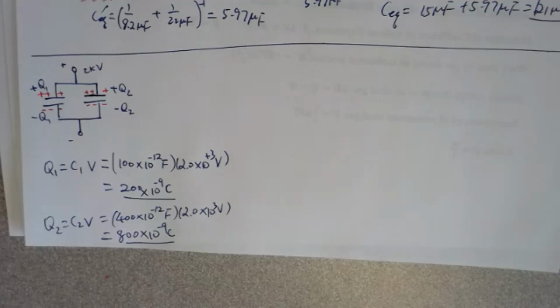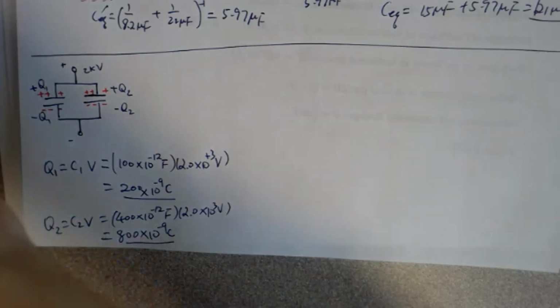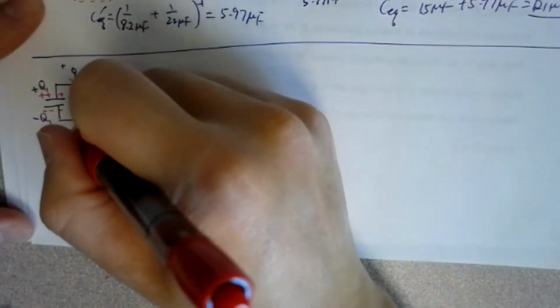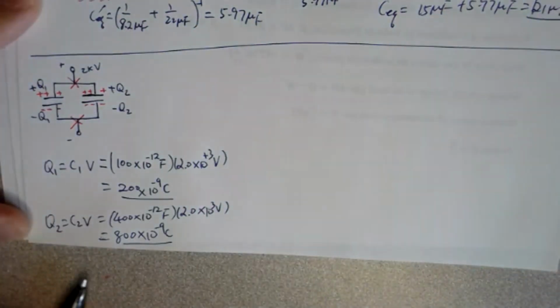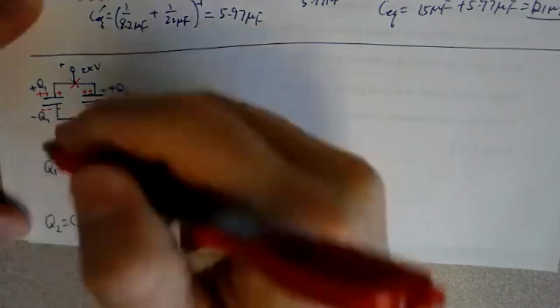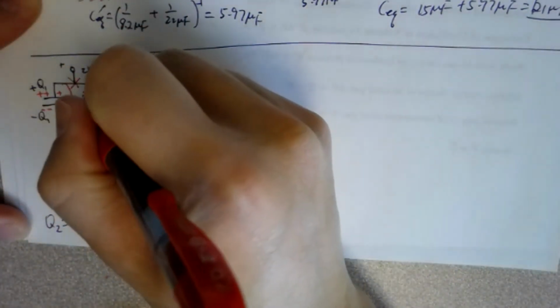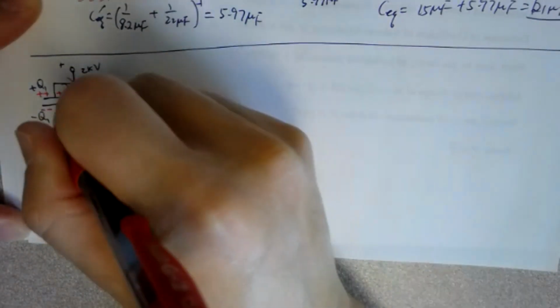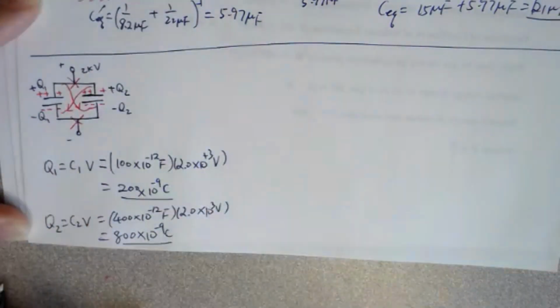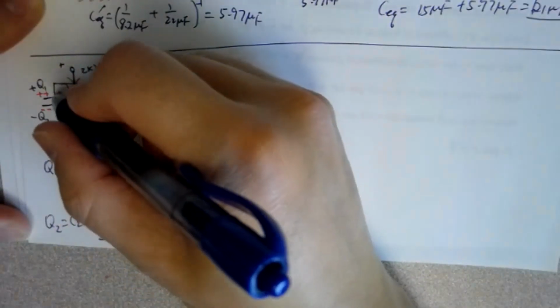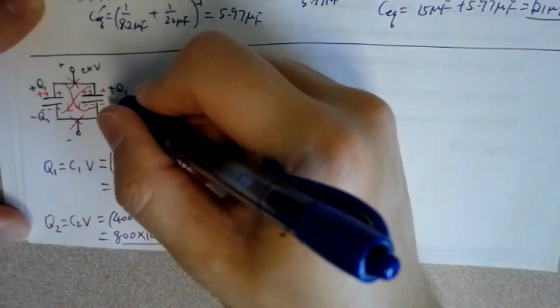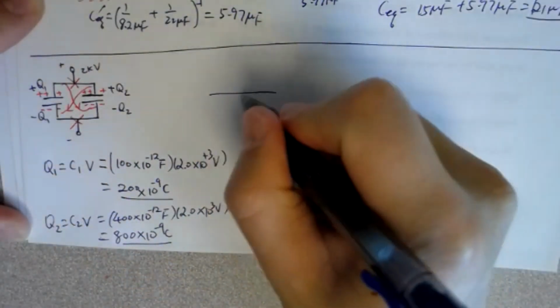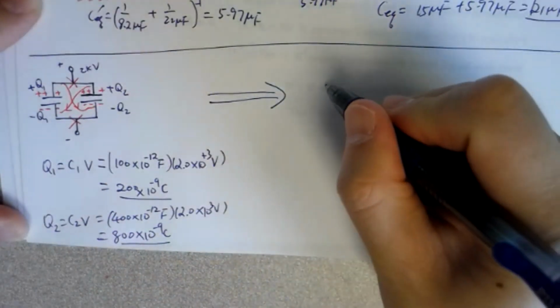Now you disconnect the two, and you connect them so that the positive is connected to the negative, and the negative is connected to the positive. Let's flip this one, it doesn't matter which.